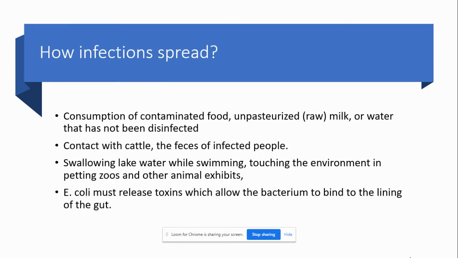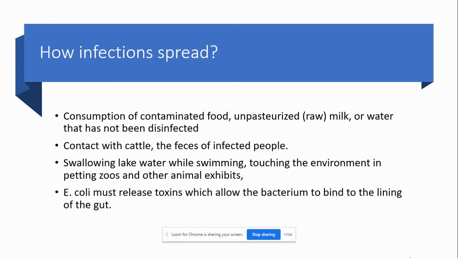So how does the infection spread? Some common ways are consumption of contaminated food, unpasteurized milk, or water that has not been disinfected. Another way is through contact with cattle, as the bacteria can grow in animals, also through the feces of infected people.